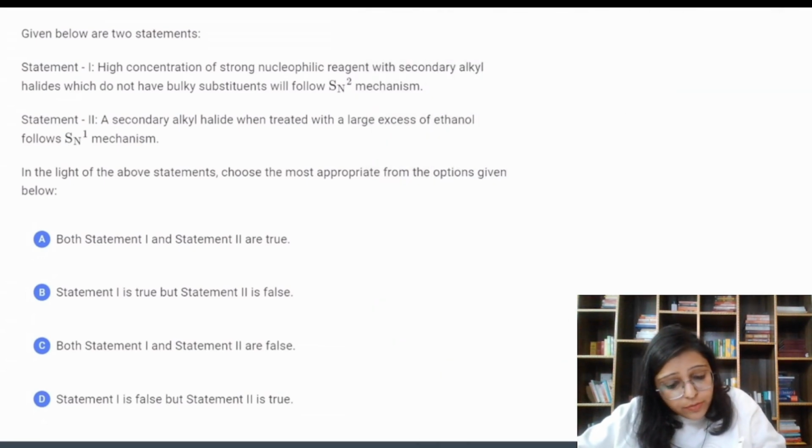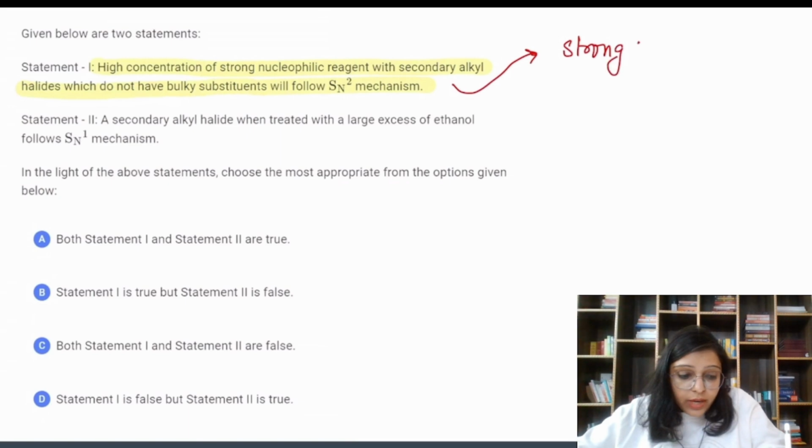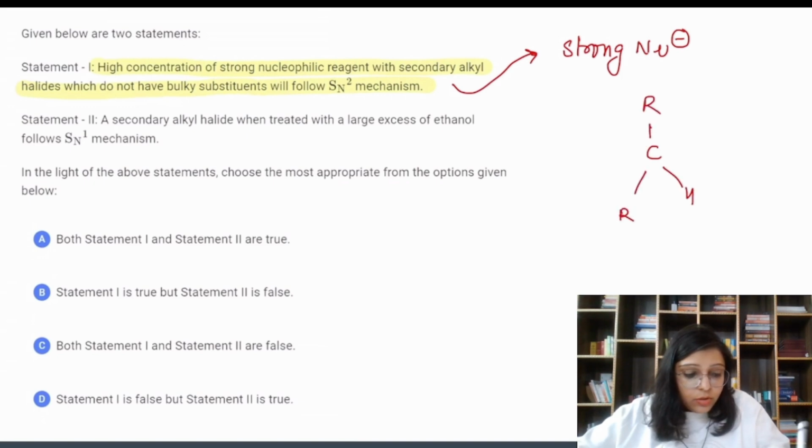High concentration of a strong nucleophilic reagent with a secondary alkyl halide which does not have bulky substituents will follow the SN2 mechanism. Yes. Basically, SN2 happens in the case of a strong nucleophile. Why? Suppose this is R, this is R, this is H, because this is secondary. Here we have the leaving group and here we have the nucleophile.